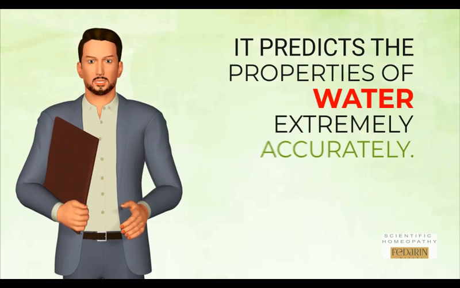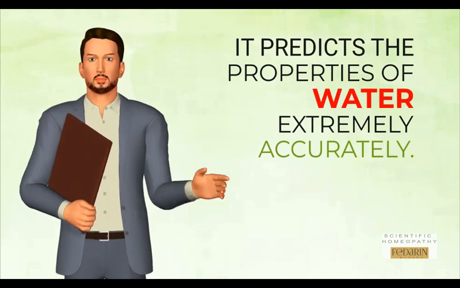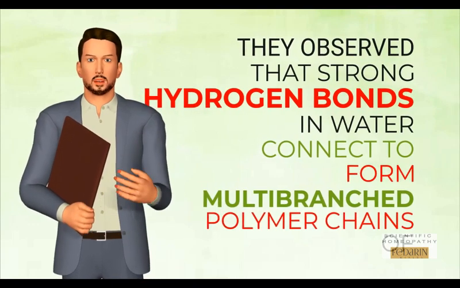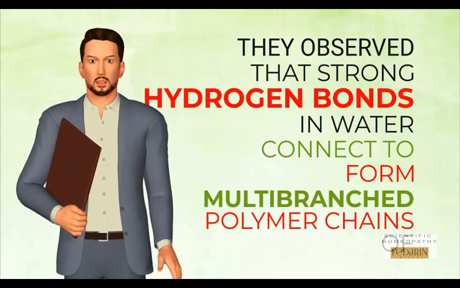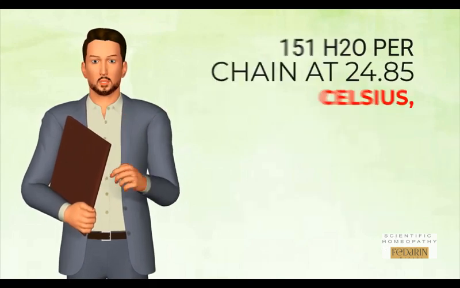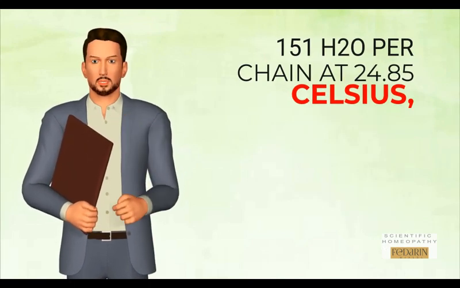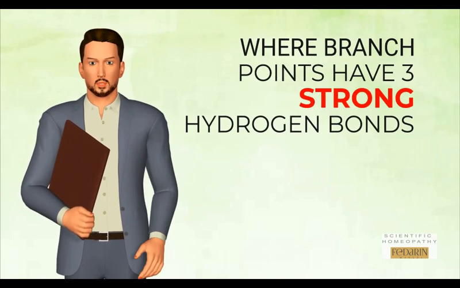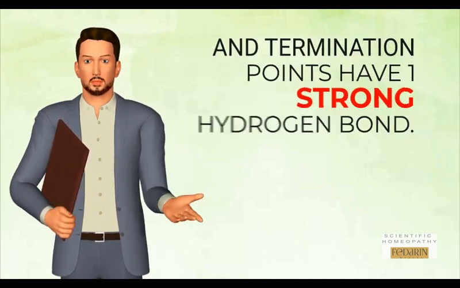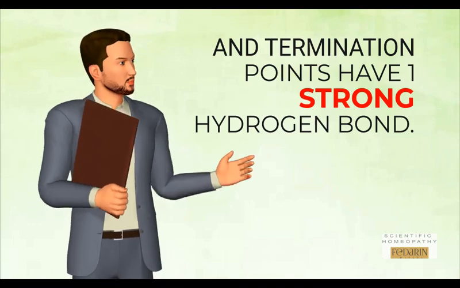It predicts the properties of water extremely accurately. They observed that strong hydrogen bonds in water connect to form multi-branched polymer chains of 151 H2O per chain at 24.85 Celsius, where branch points have 3 strong hydrogen bonds and termination points have 1 strong hydrogen bond.